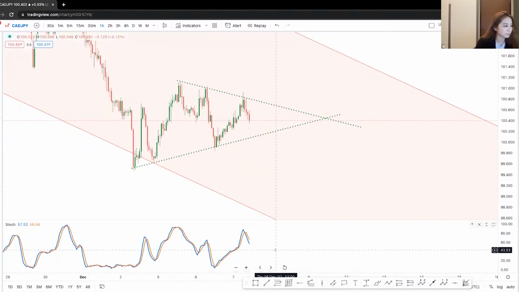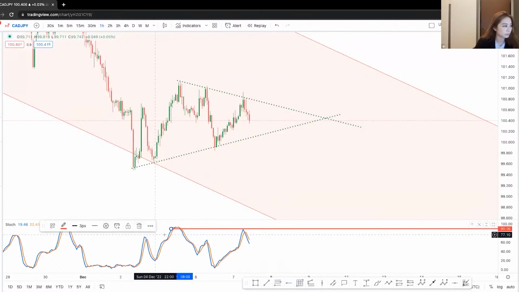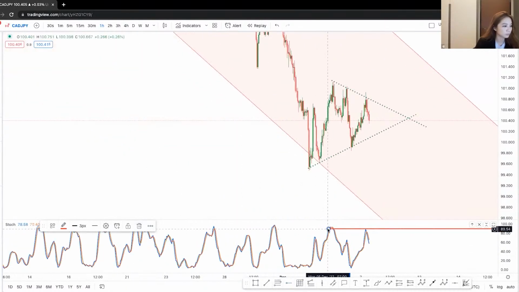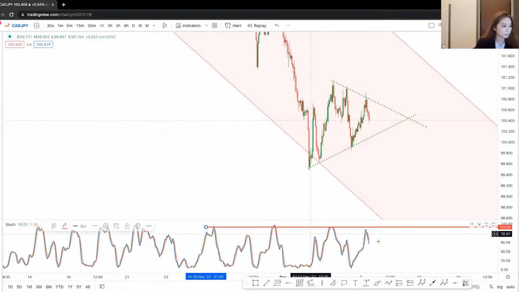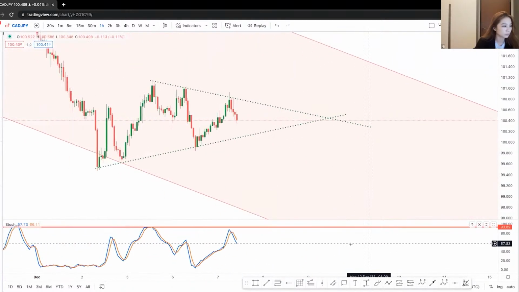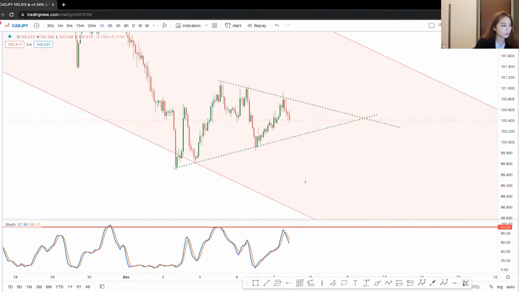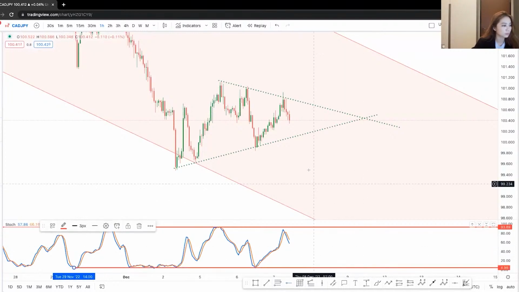Interesting. Looks like it's more of a downfall for the short term, and it has stopped a bounce up over here.